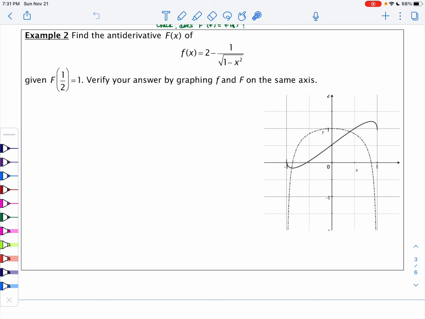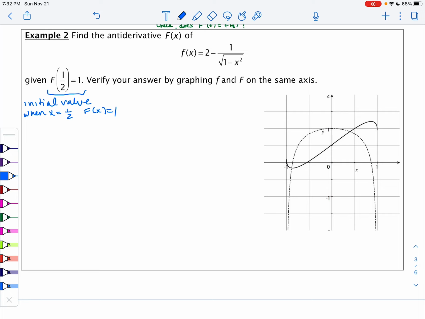It says find the antiderivative big F of x of our little f of x. So we're finding what function has derivative equal to this function. And we are given a specific criteria that big F of 1/2 is equal to 1. This is what we call the initial value. It tells us that when x is equal to 1/2, big F of x is equal to 1.